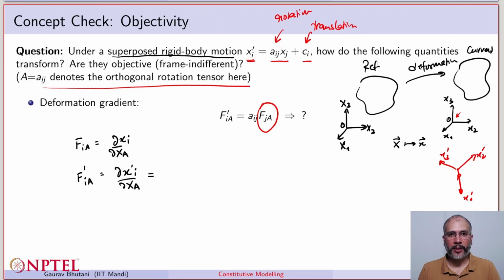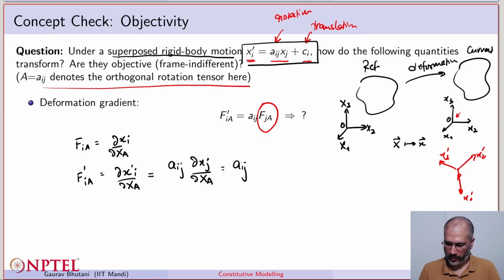So F'_iA now becomes, because we have a relationship between x'_i and x_j, a_ij del x_j upon del capital X_A, that is a_ij times F_jA.